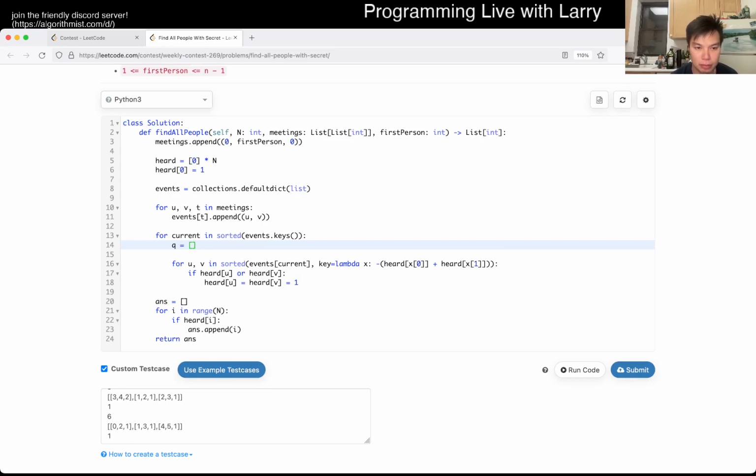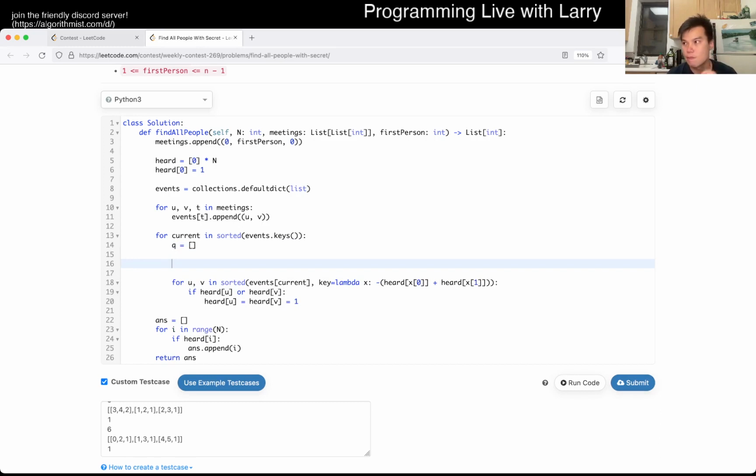Hmm. Think about this. How do I do it in a way that makes sense? Do I do unify on this part?